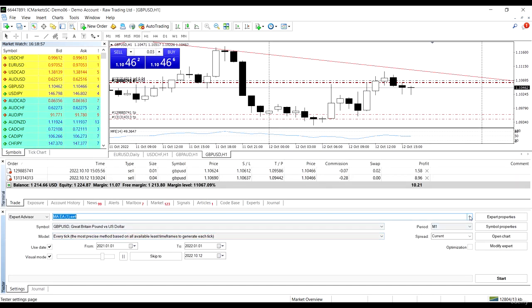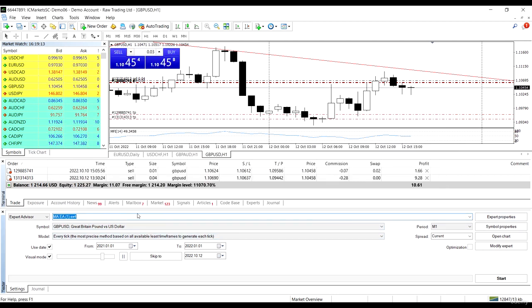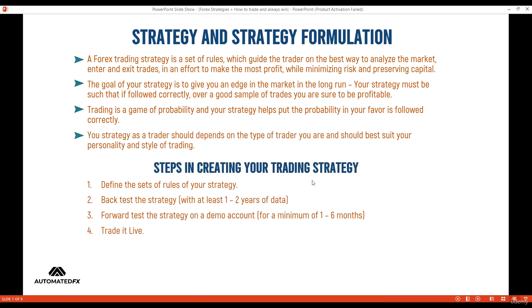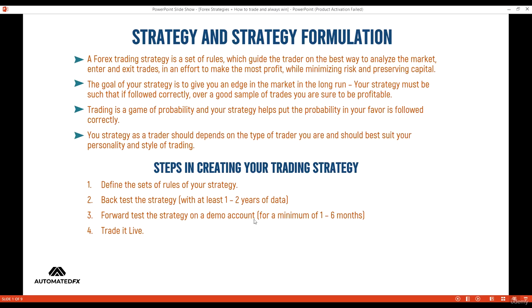So let's say you were able to get a programmer to create your strategy, or you took my course on strategy automation using FX Dreamer and are able to create a strategy. So you can load the strategy here and basically test it, and you can visually see how it will take trades. Okay, so that's another way of backtesting your strategy. That's using the MT4 and MT5 strategy testers.